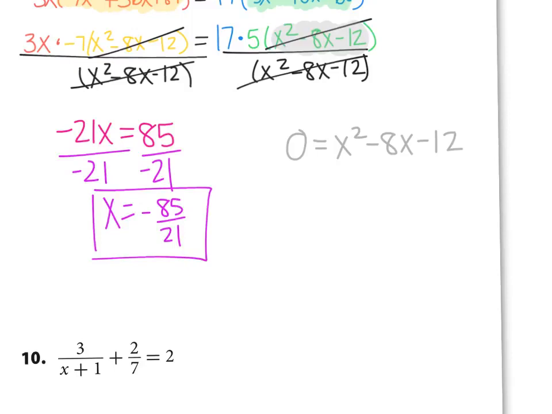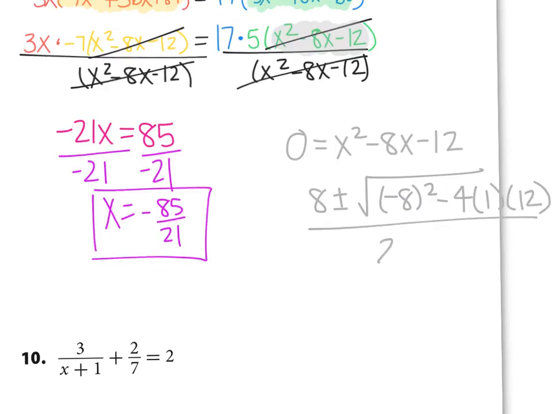Aren't you glad we did this problem? Yes. So negative b plus or minus the square root of b squared minus 4 times a times c, all over 2 times a. It is a negative 12. Thank you for catching that.